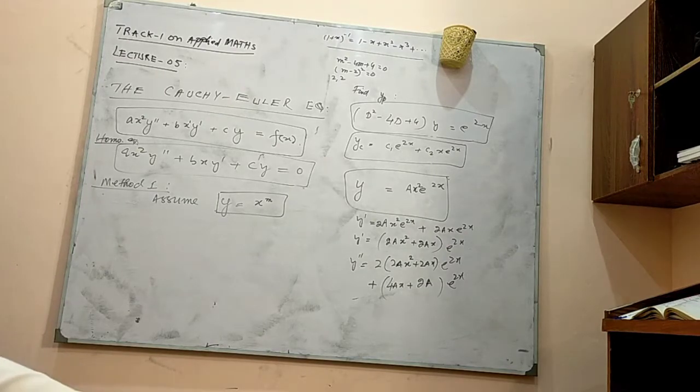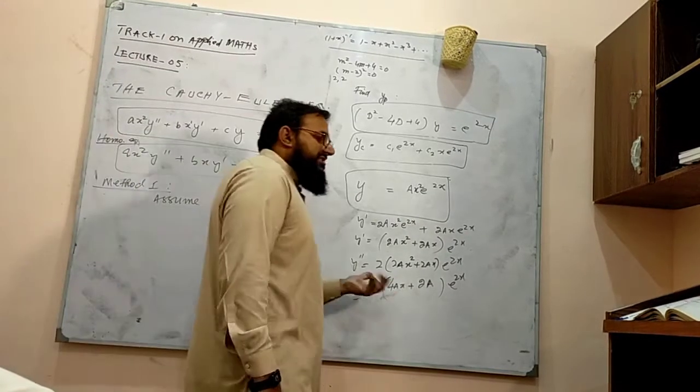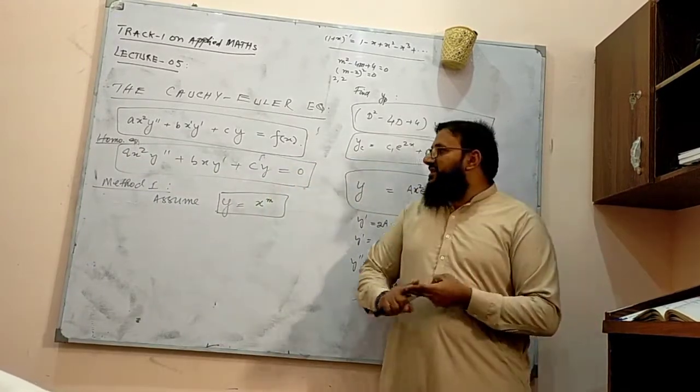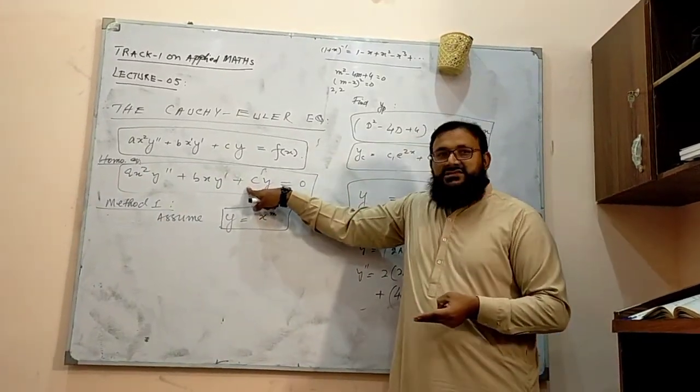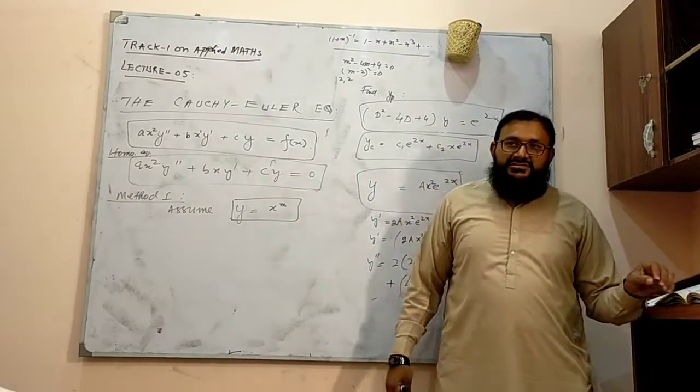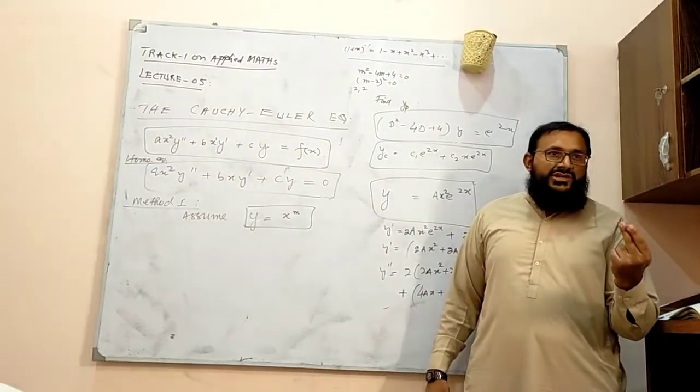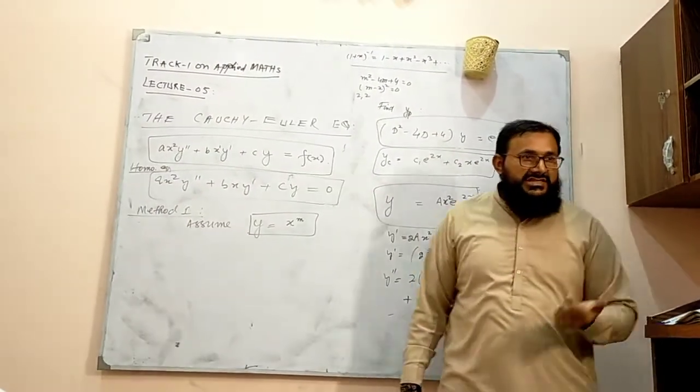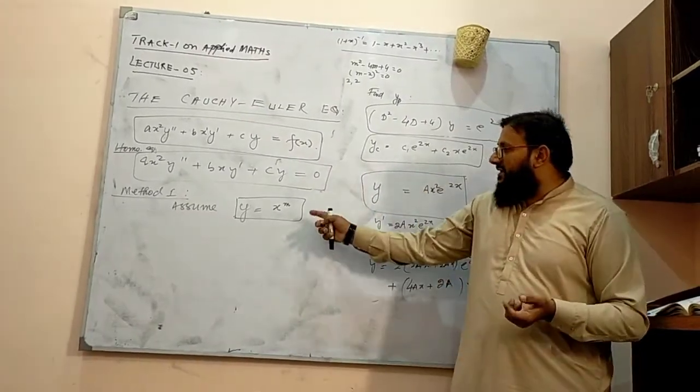It's not always an integer or natural number. So this is our assumption. The second method is to convert this into constant coefficients. These are two methods to solve it, and we can apply both of these methods, not a big deal. So let us see how we can apply this method.